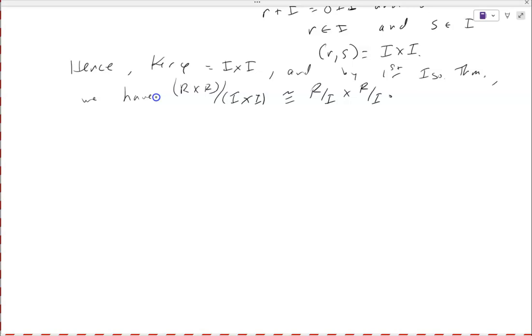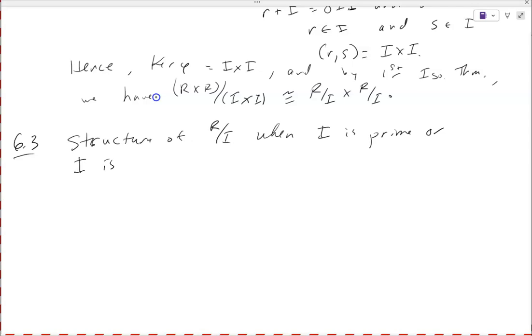All right. So let's keep going with the idea of quotient rings, but we're going to add in some new concepts. So in section 6.3, this talks about the structure of R mod I when I is prime or I is maximal.